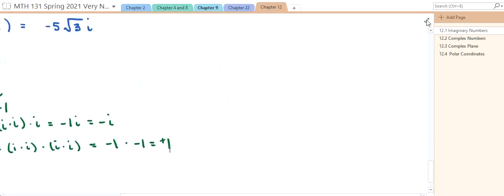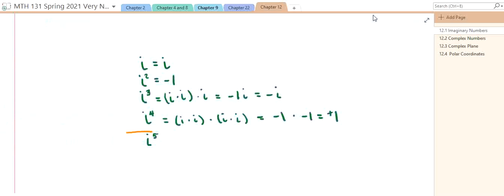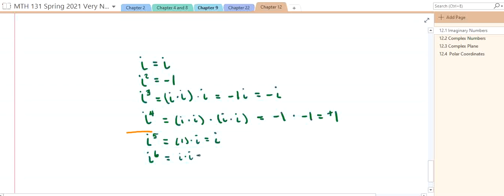Now I'm going to put a line here because this process just repeats. So i to the 5th is essentially i to the 4th times i, or 1 times i, which equals i. So it's the same as this now. And i to the 6th is essentially i to the 5th times i, so it's i times i, which ends up equaling minus 1.